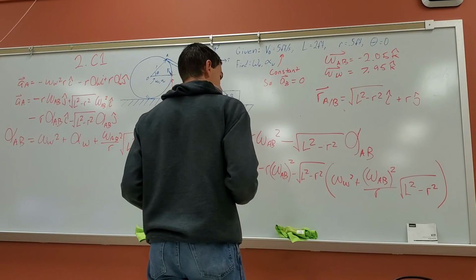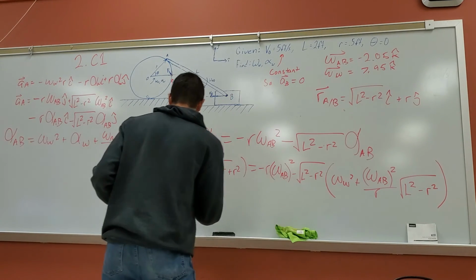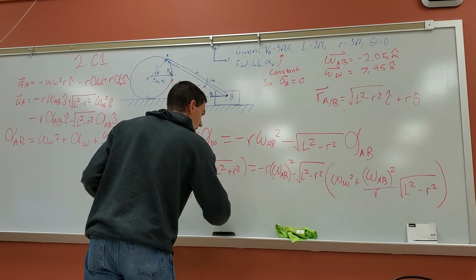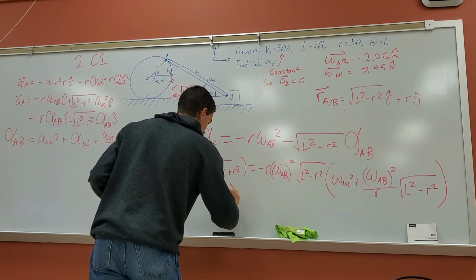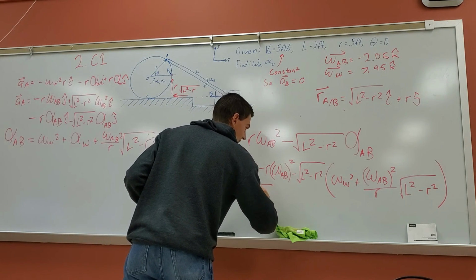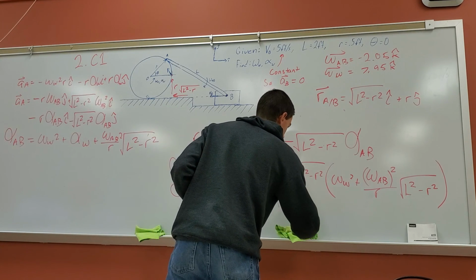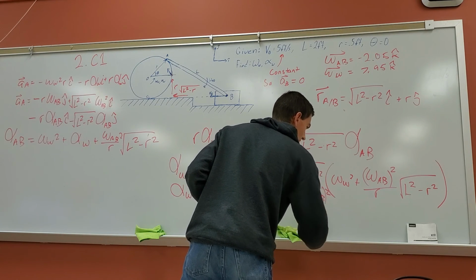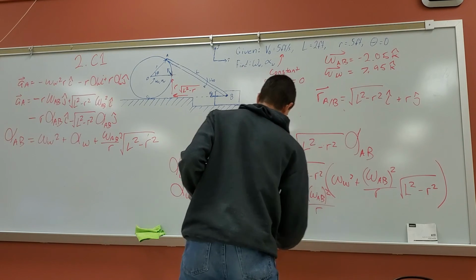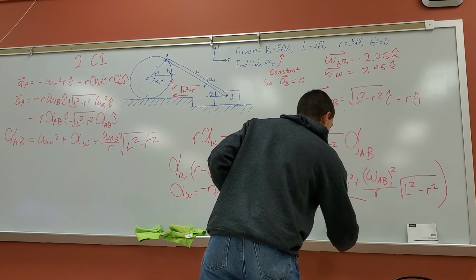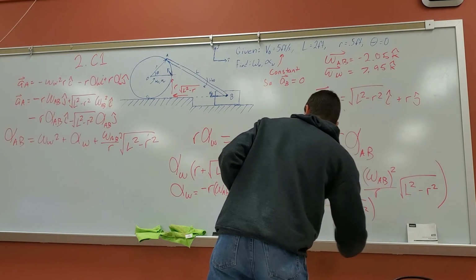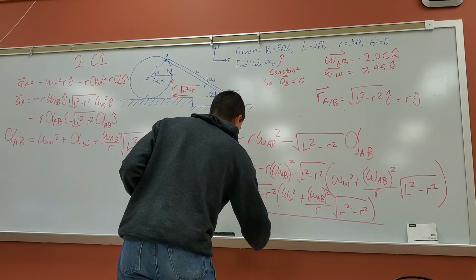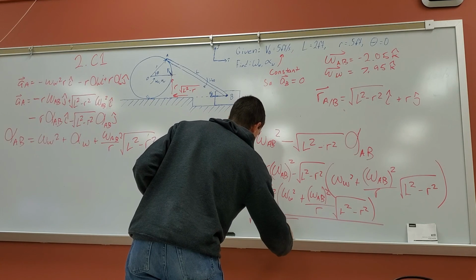And if you simplify this down a little bit more, you'll end up with an expression for the angular acceleration of the wheel, which is equal to negative r omega AB squared minus the square root of L squared minus r squared over r multiplied by the square root of L squared minus r squared, and all of that is taken over this guy over here, which is r plus square root L squared plus r squared.